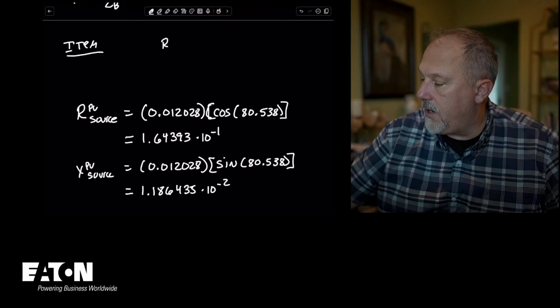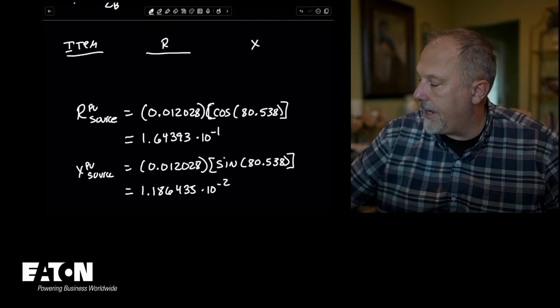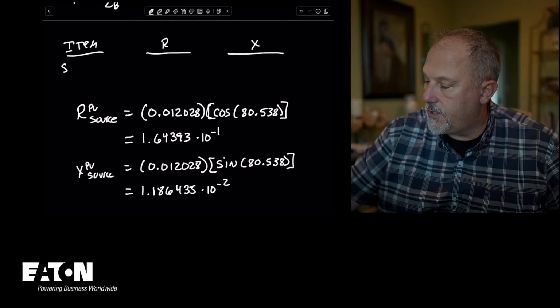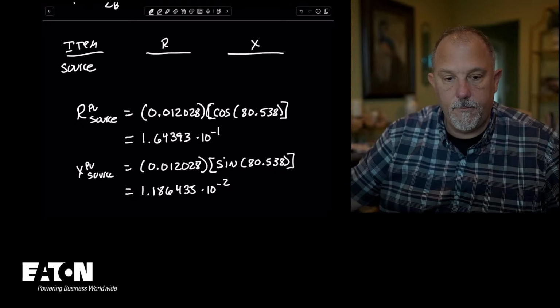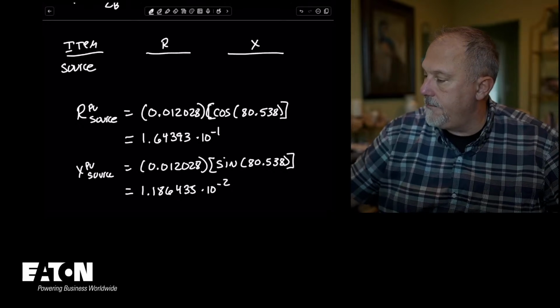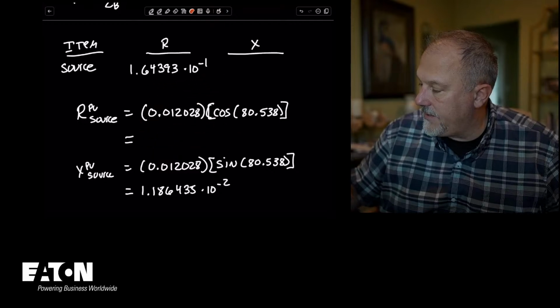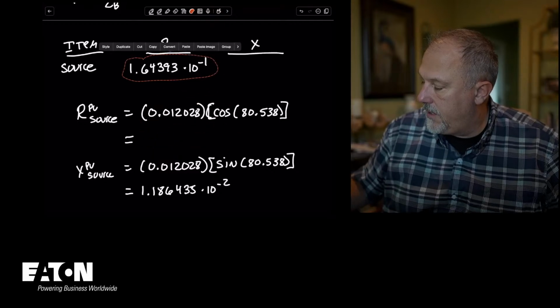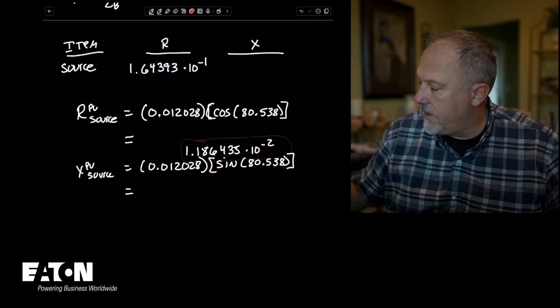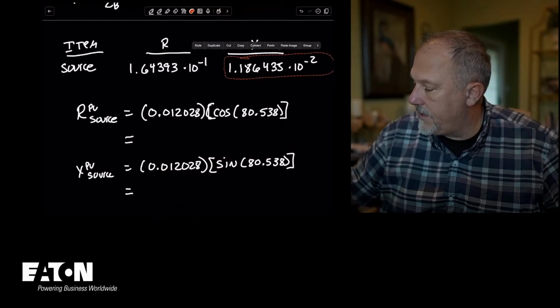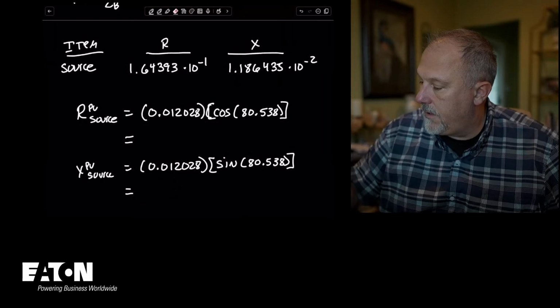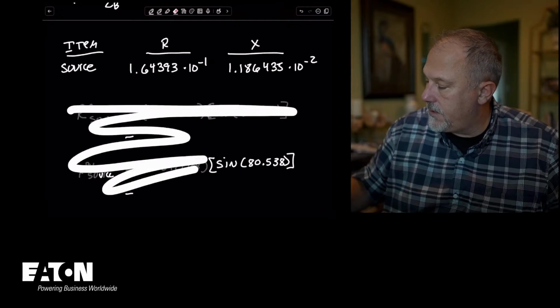I'm going to have an R and an X. So source, my R is that. My X is that. And I'm going to delete everything else.